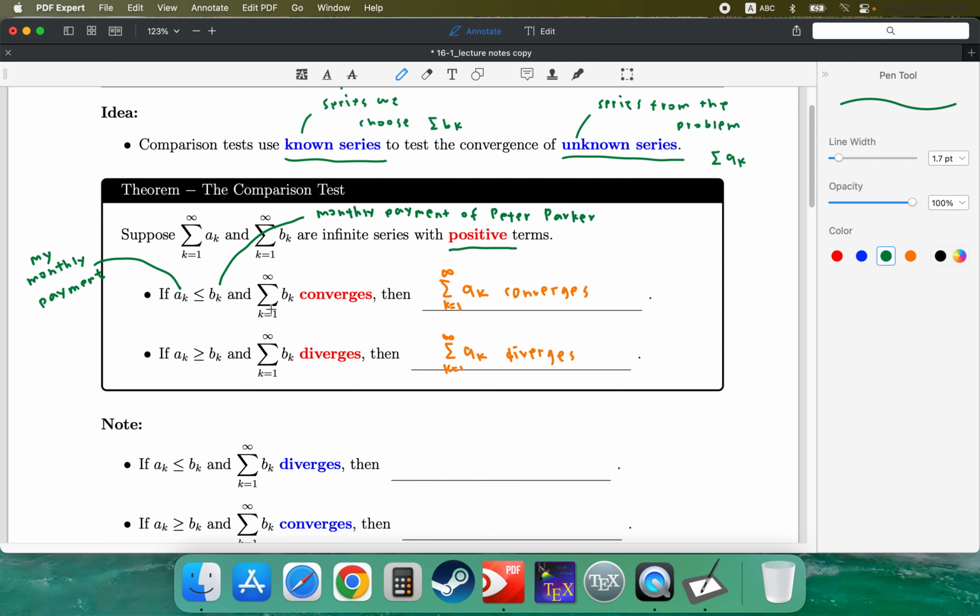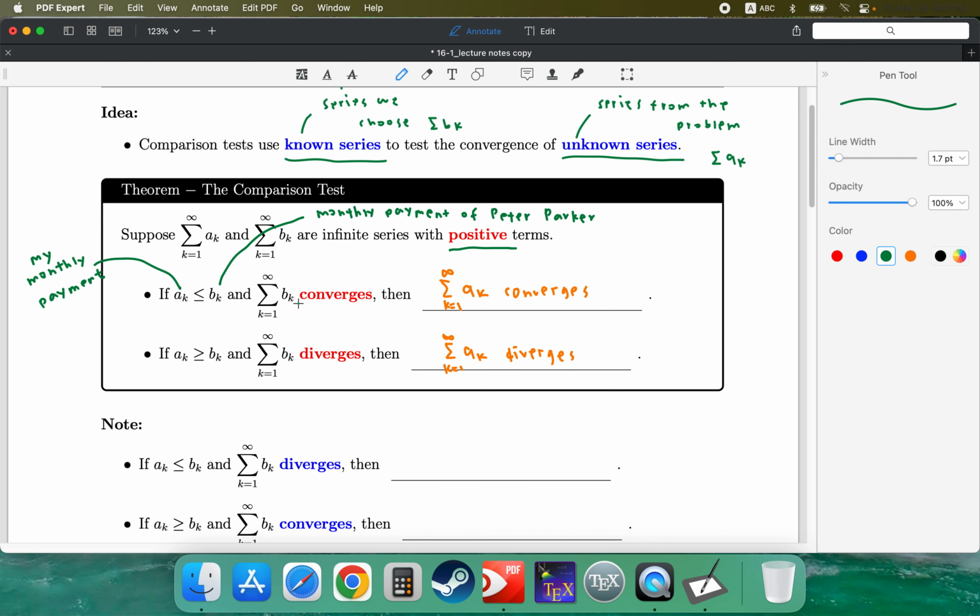He works three jobs, but he can hardly afford his rent.